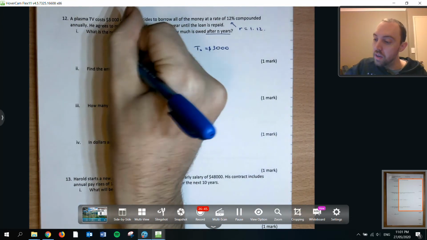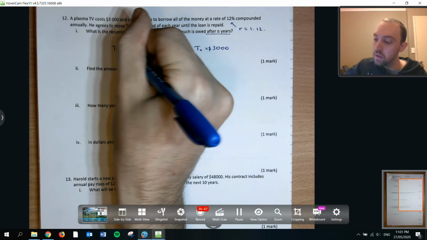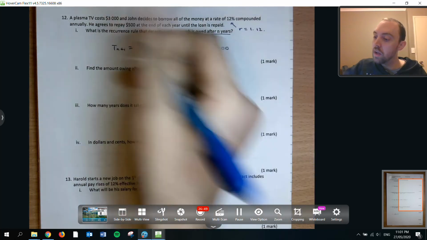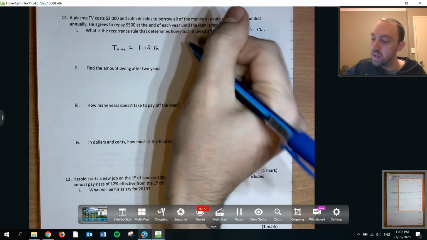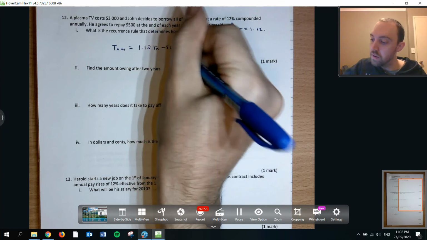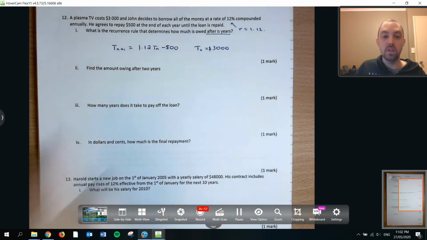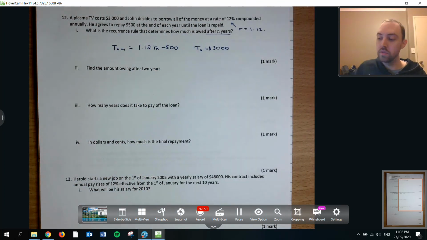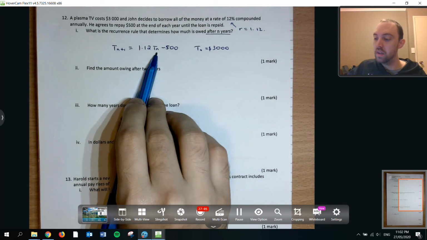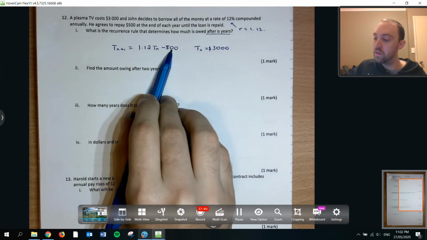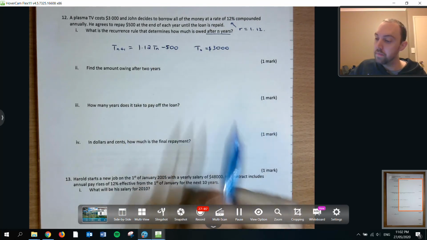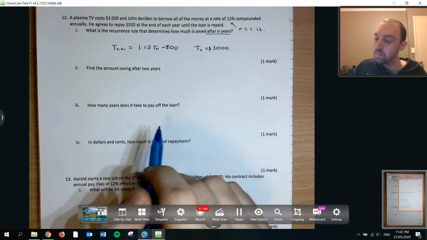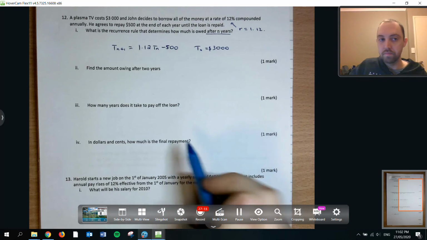And we need a recurrence rule, so we need Tn plus 1 is equal to, my value is increasing by 12%, but I am taking 500 at the end of each year. So in the year it increases by 12%, then I'm taking my 500, and it all starts out at $3,000. Cool, that might be worth more than 1 mark, but oh well.